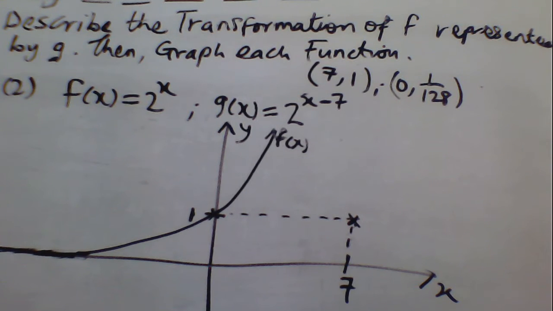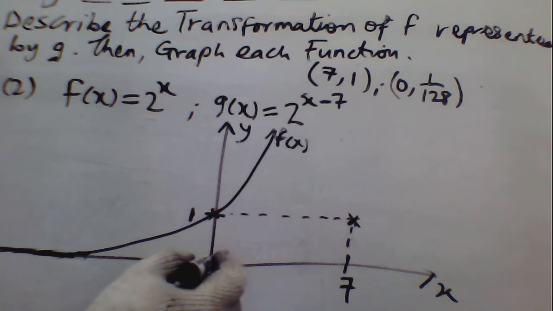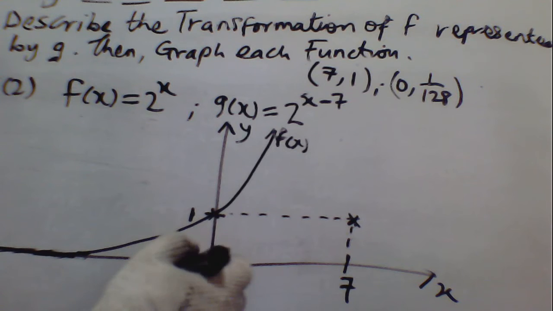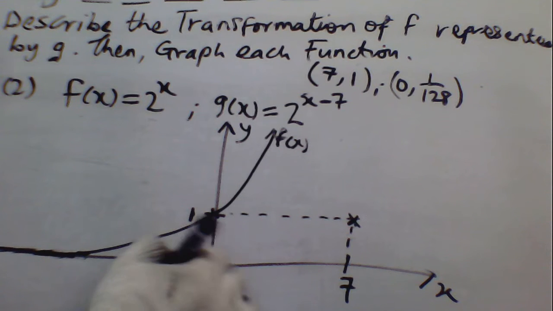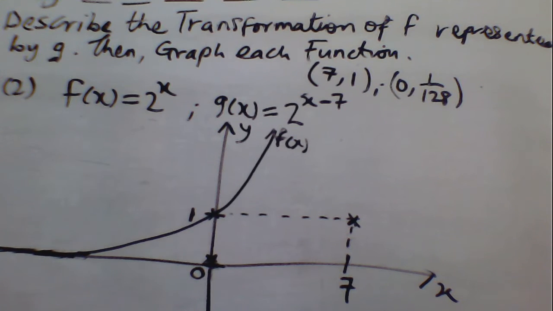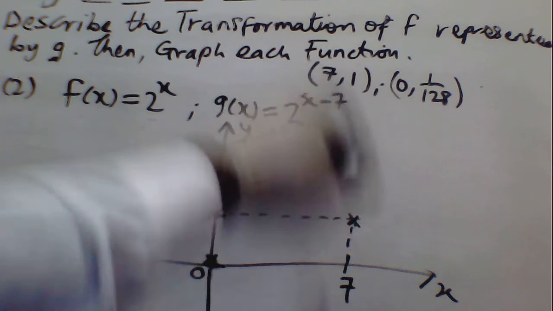So the next is when x is 0, at this point y is 1 over 128. Very little, some point here, unnoticeable, not exactly at the curve. Okay, let me make it a bit higher. But if you look at the graph, it's very close to the line, so we know that b is greater than 1.